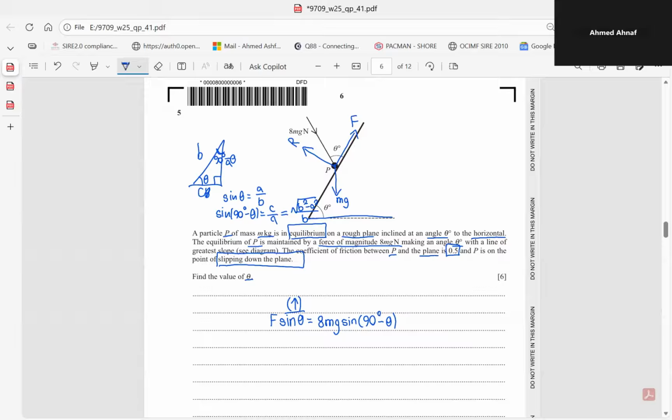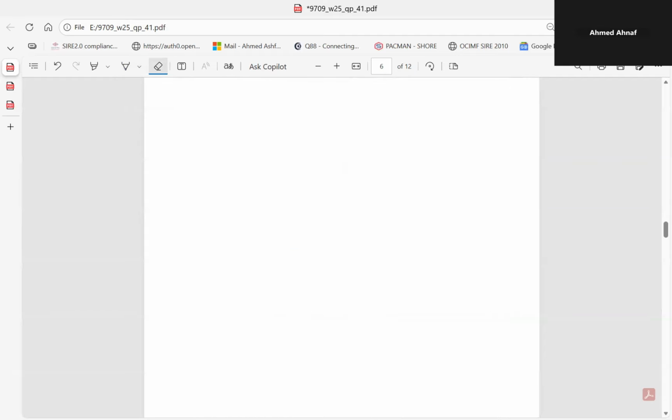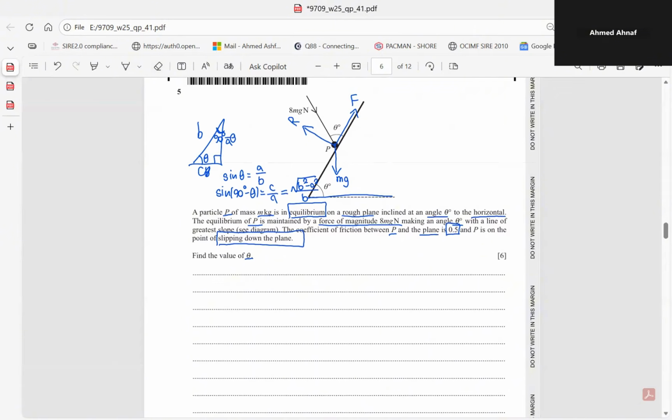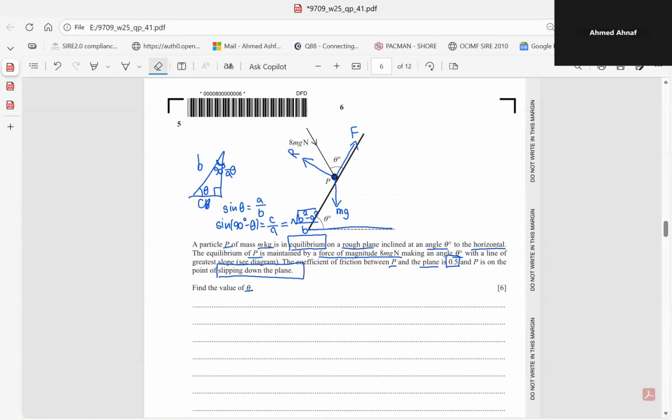Now we are going to take it with respect to the slope. So the vertical component will be relative to the slope. Let me just redo it again. Then you don't need all this complicated identity. Okay, let me erase.